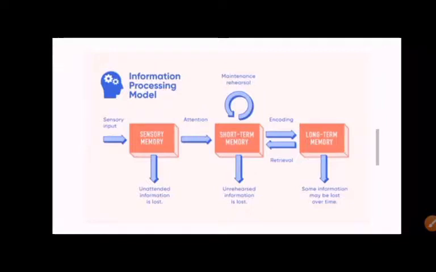Then we use selective processing to bring our attention to those details in an effort to remember them for the future. And the unattended information is lost if it is unimportant stuff, for example, the noise.